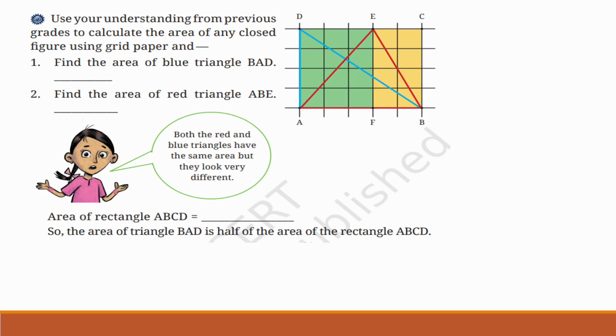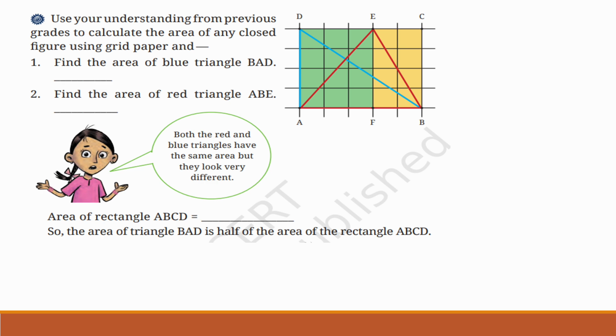Use your understanding from previous grades to calculate the area of any closed figure using grid paper and find the area of blue triangle BAD. To calculate the area of a closed figure using grid paper, simply count the number of grid squares that are fully or mostly covered by the figure, considering each square as one unit of area.